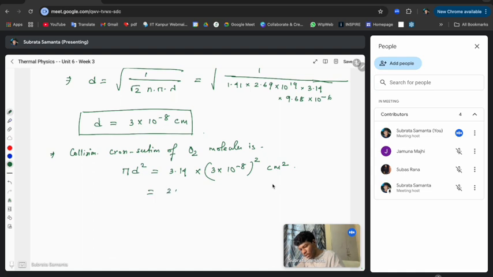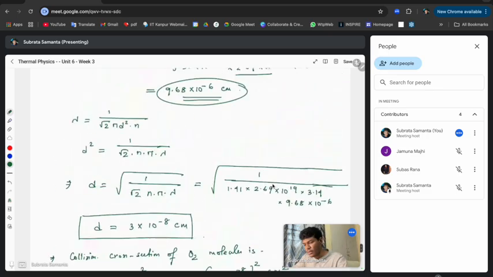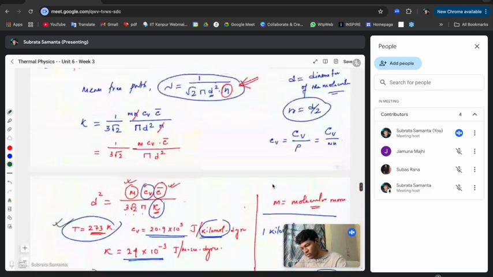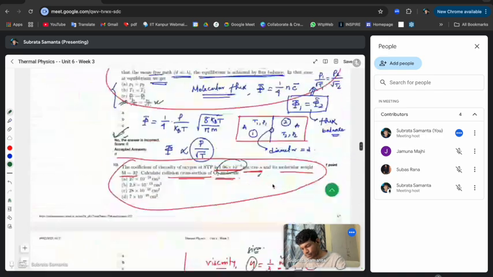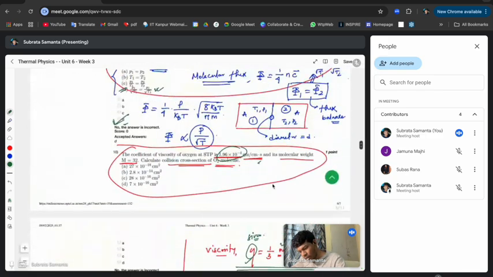So it gives 28 times 10 to the power minus 16 centimeter square. Let's see if this is in the options. Yes, 28 times 10 to the power minus 16, so option C is the correct option.